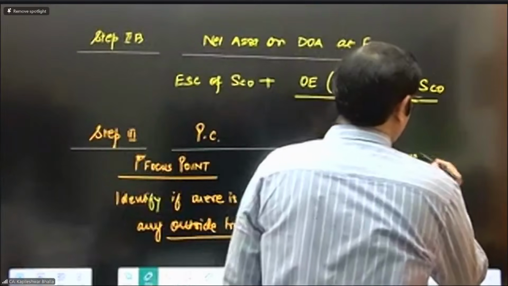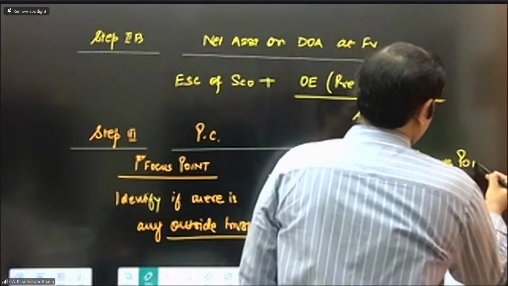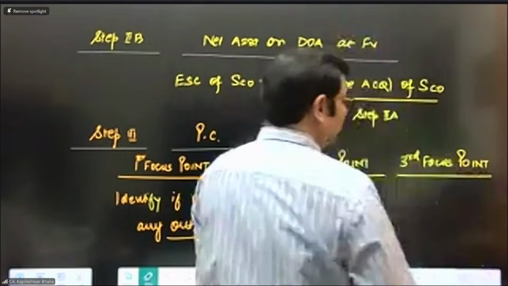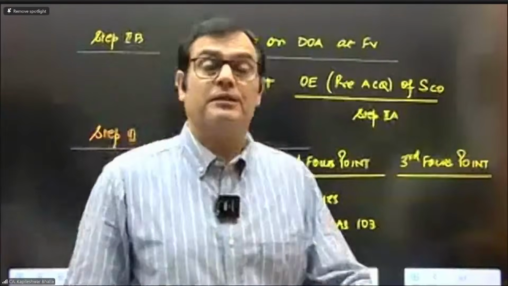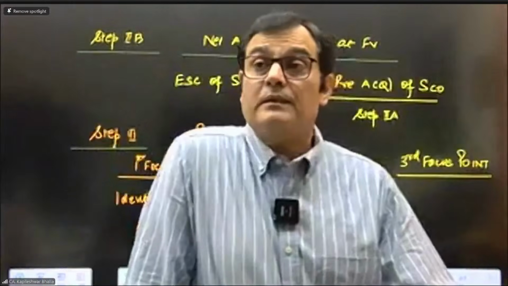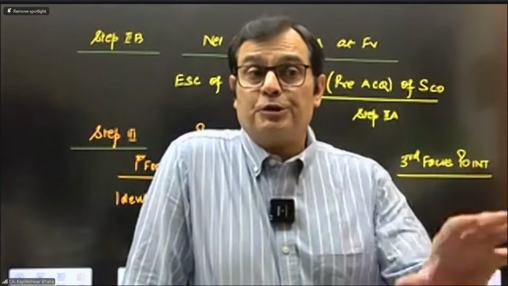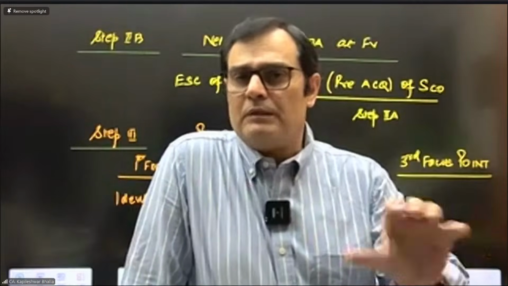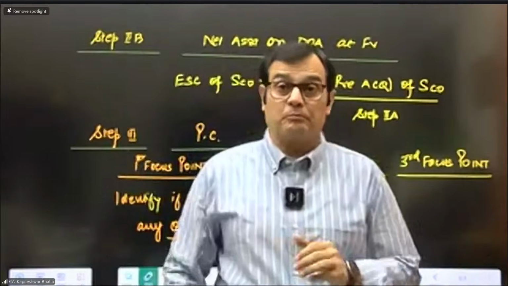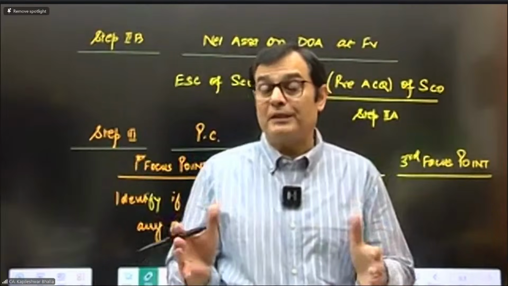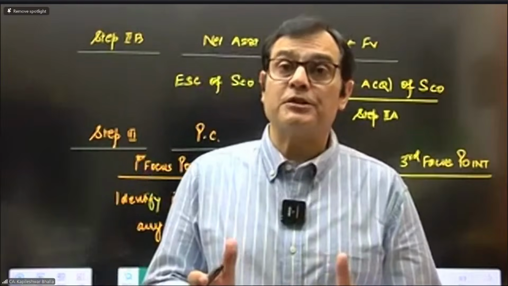put it as the third focus point. Because there is one particular question which came in the exams also quite recently, where there has been some omissions in terms of the PC. Let's say there is a DC, or let's say there is a CC, the contingent consideration, and if it stands omitted from the books of accounts, I would say before you proceed with the 7-step model, you should make an extract balance sheet, because the omissions would generally relate to the purchase consideration.